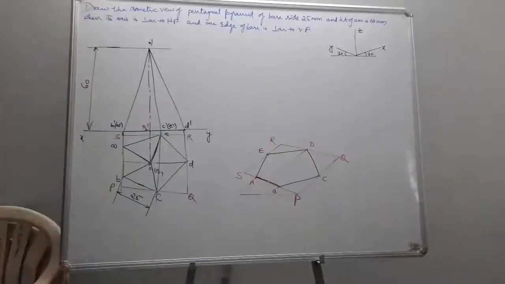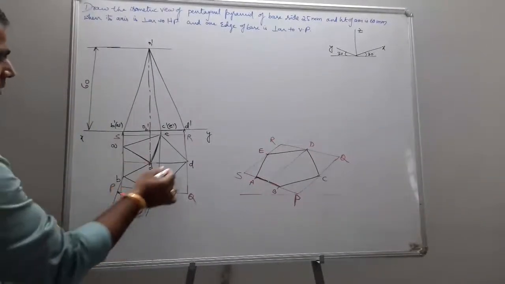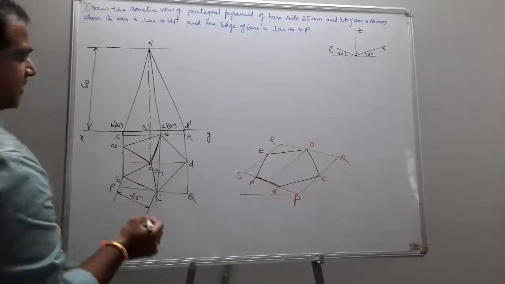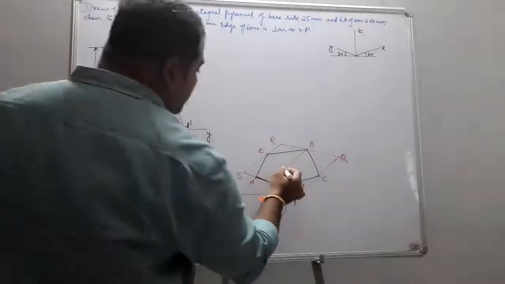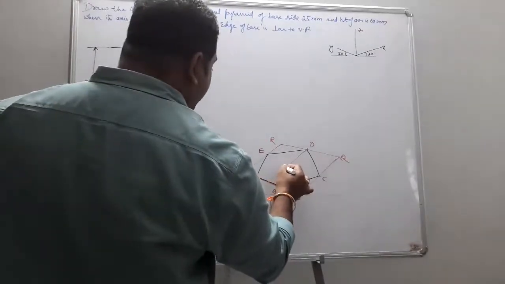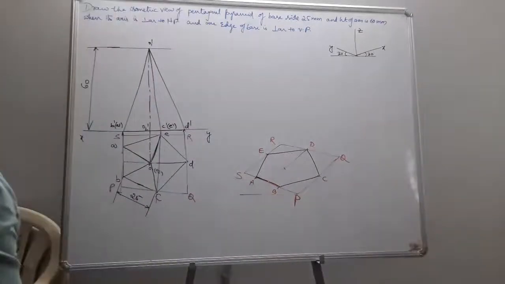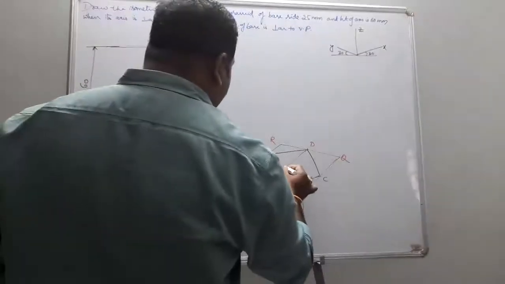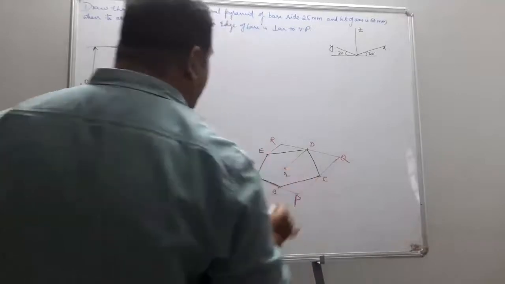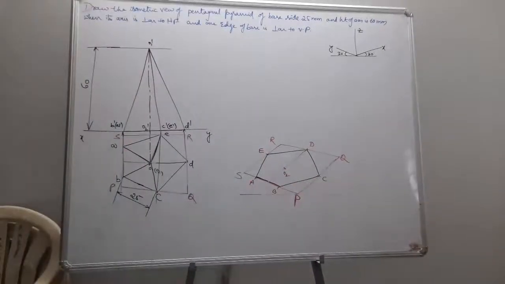Okay, so to obtain my point O, D as center, DO as radius, I just place my point. This becomes my O2. Once you obtain your O2, from there I just draw my line vertical.